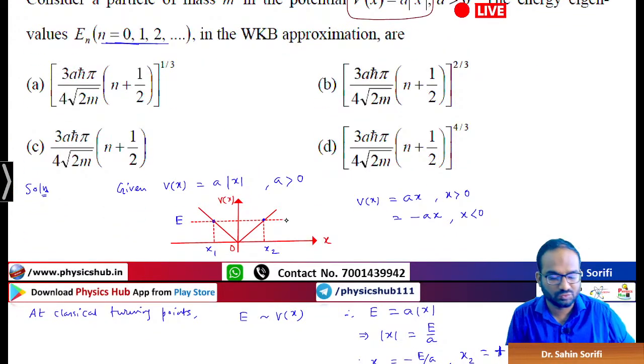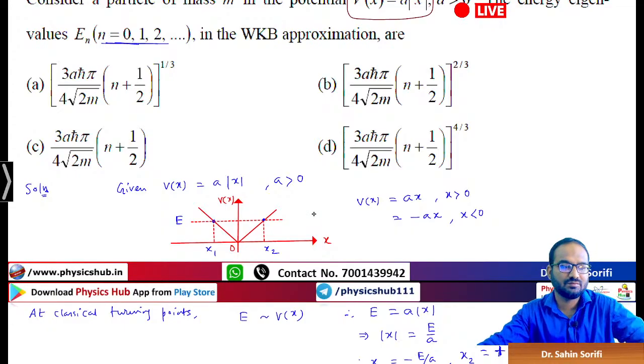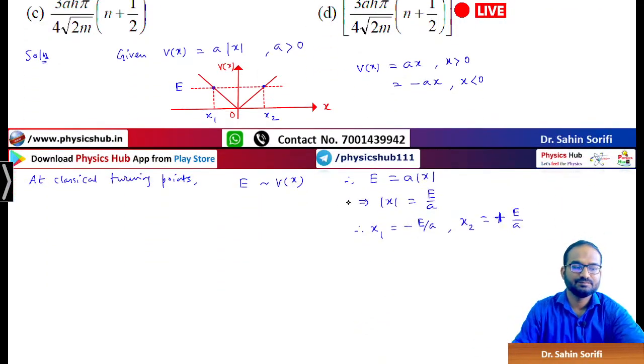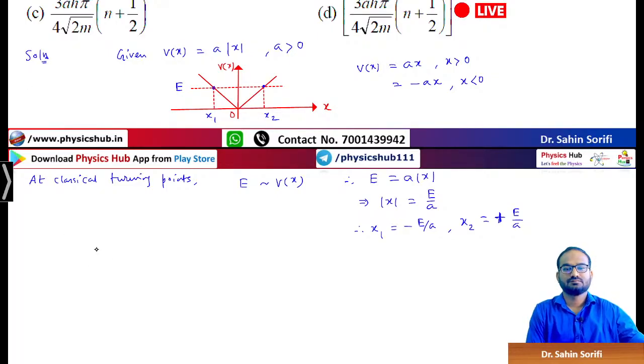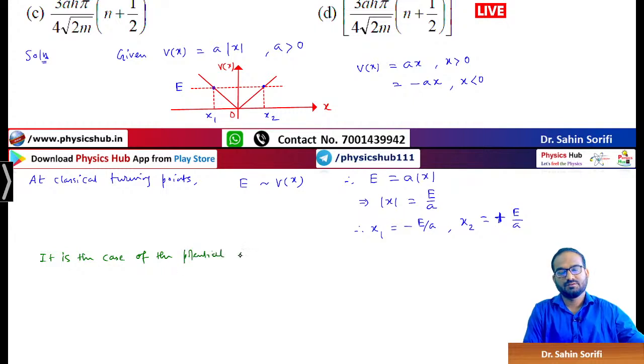These walls are smooth. Understood why it is the first case? It is the case of the potential where both walls are smooth.